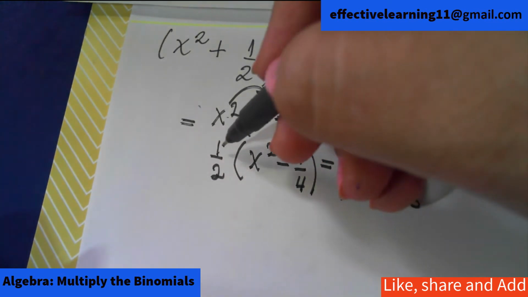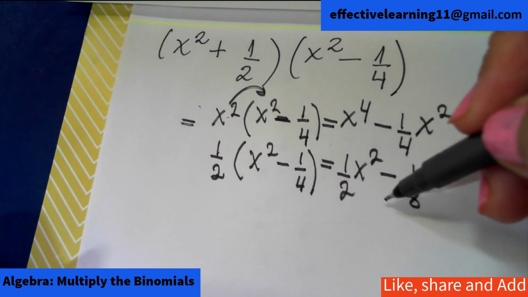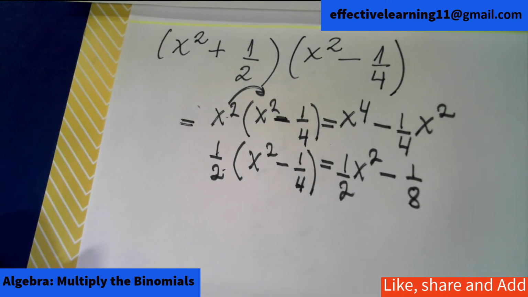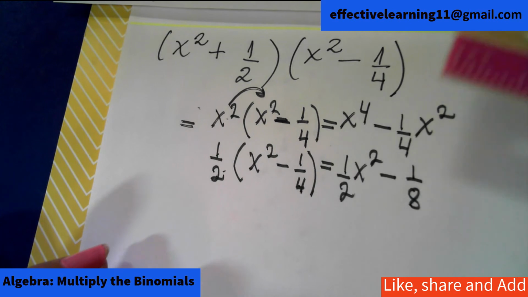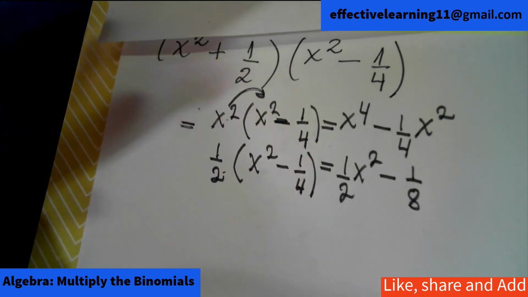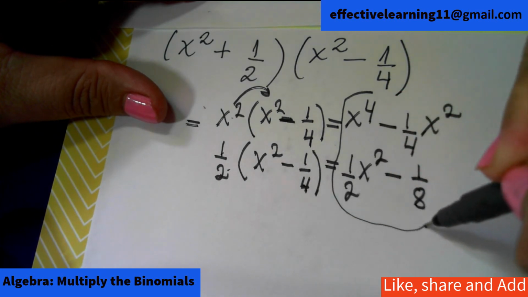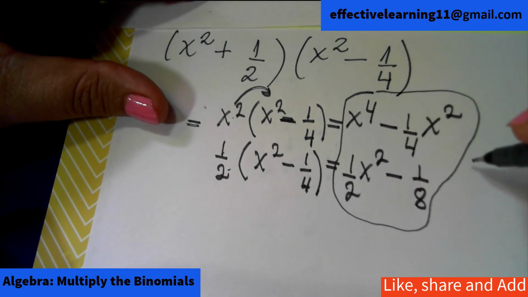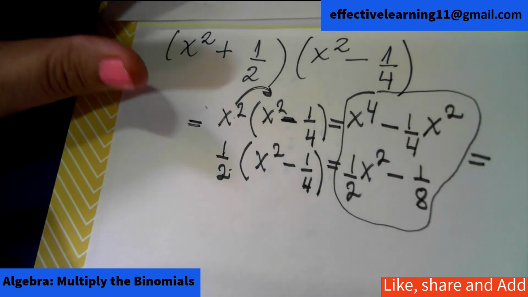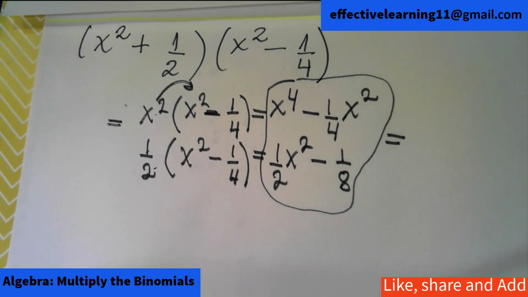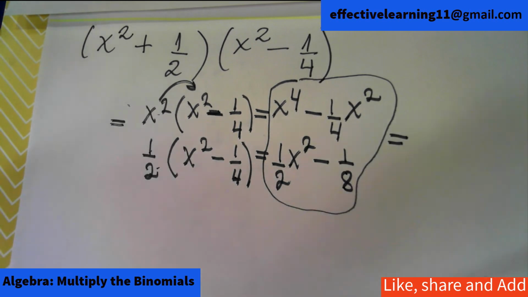Remember, you have to multiply 1 times 1, 1, 2 times 4, 8. But from both expressions, from these two solutions, you have to find just one unique solution, okay? Because in mathematics, you have just one answer.